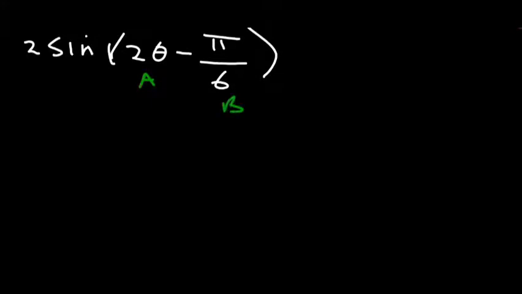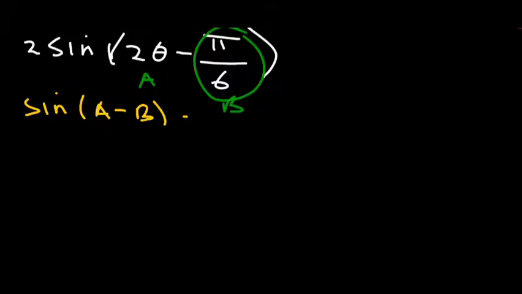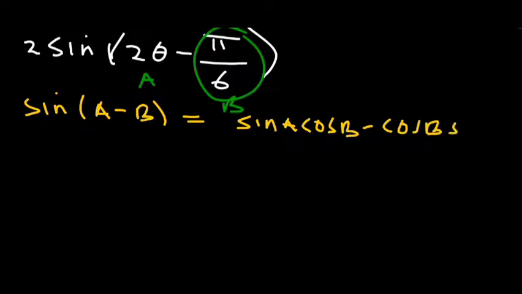All right, so the whole thing here, it is our b. Then we say, just try to write the formula again. So sine A minus B is equal to sine A cos B minus cos B sine A. So that's the formula.